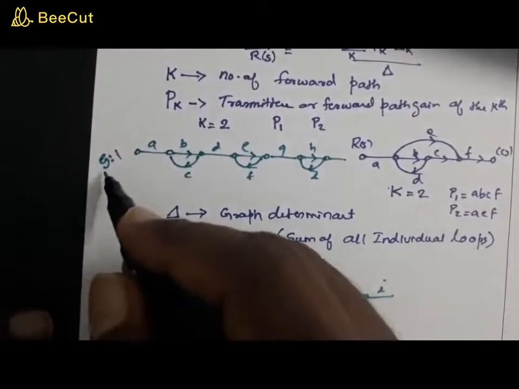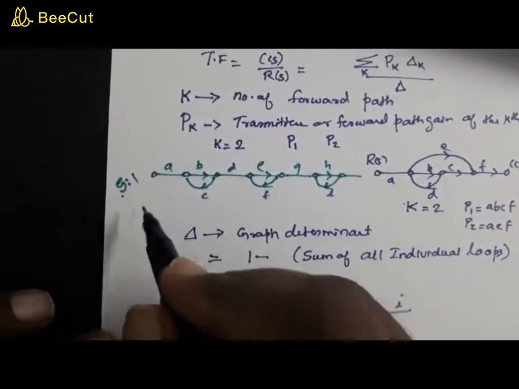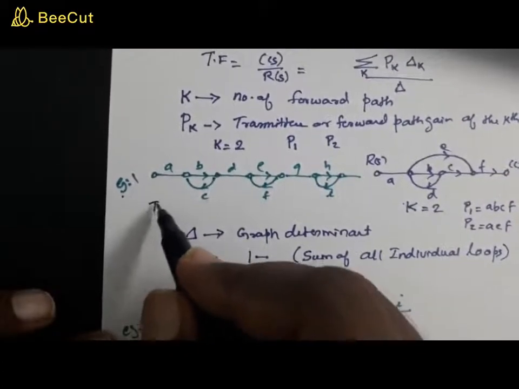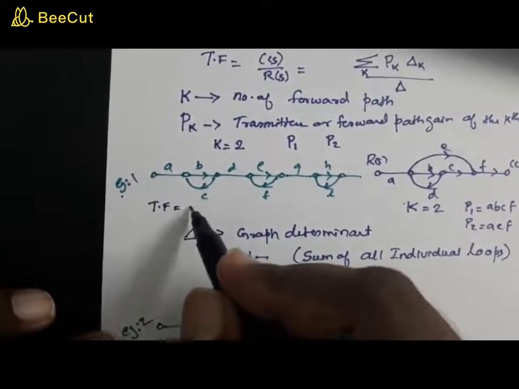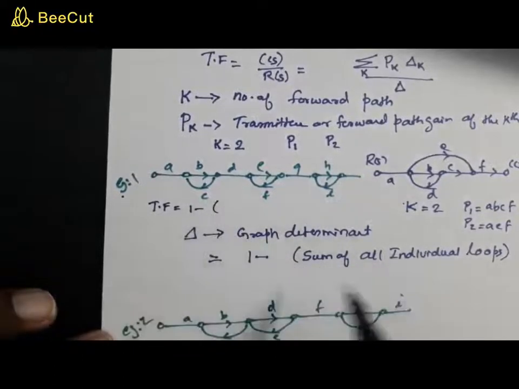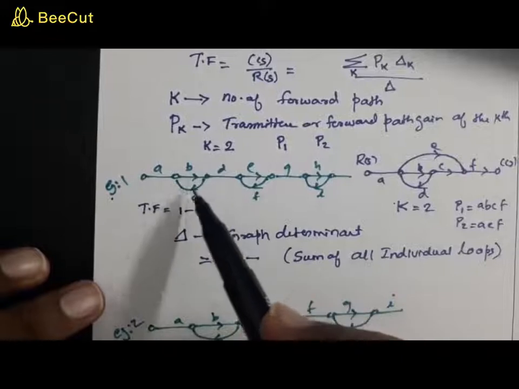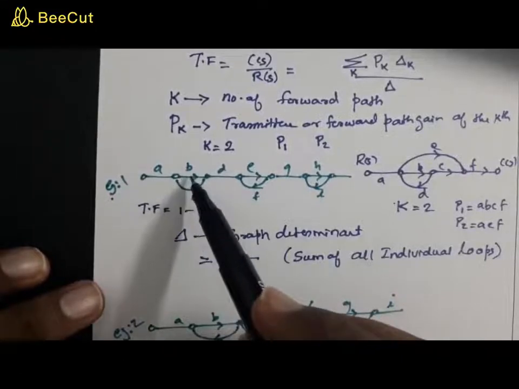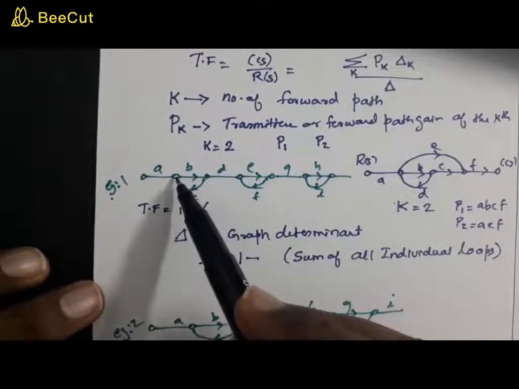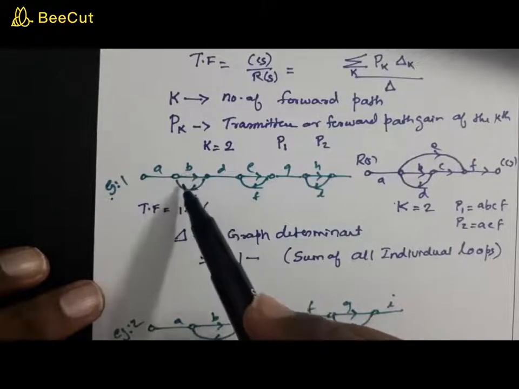Now I'm going to apply this to example 1. What will be this transfer function? As per this, it will be 1 minus the sum of all individual loops. How many loops do you have? Now how will you evaluate loop gain? The paths that travel, so that when you allow an input to pass through a node, it will reach that node. So this is a path by which a signal can reach the node. So this is BC.